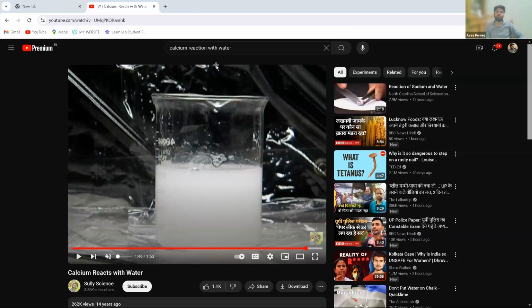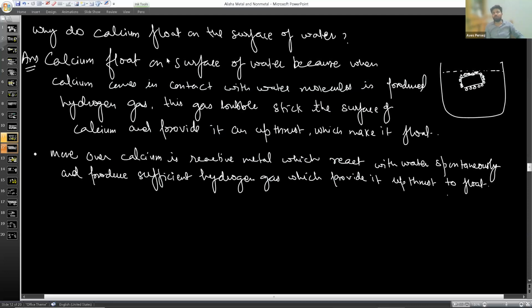Why does calcium float on the surface of water? Calcium floats on the surface of water because when calcium comes in contact with water molecules, it produces hydrogen gas.